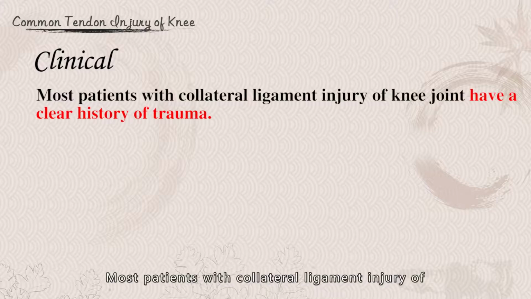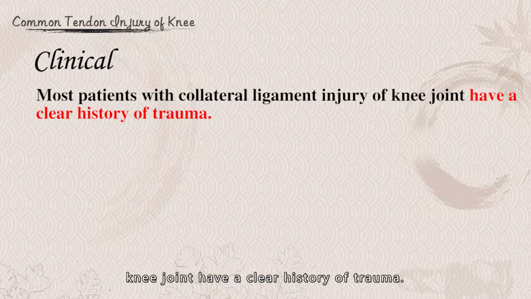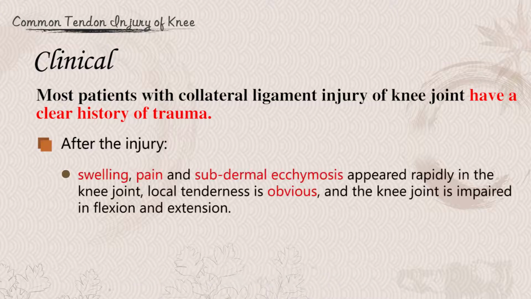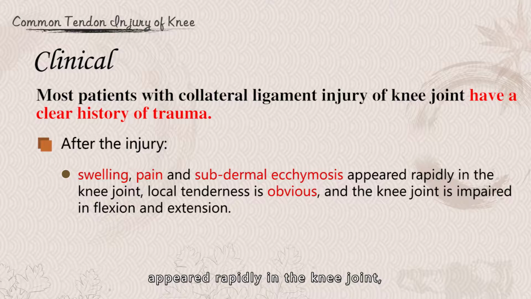Most patients with collateral ligament injury of the knee joint have a clear history of trauma. After the injury, swelling, pain, and subcutaneous ecchymosis appear rapidly in the knee joint.